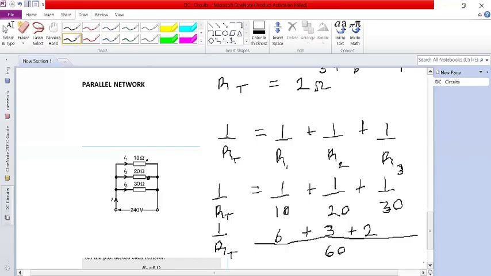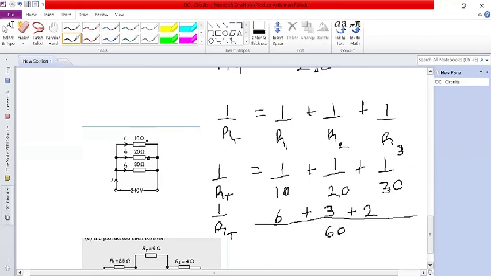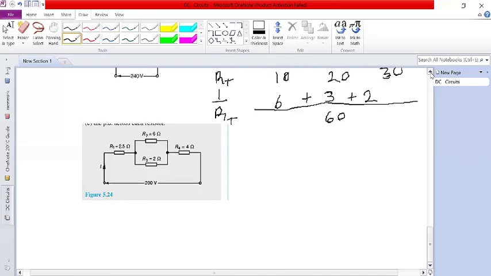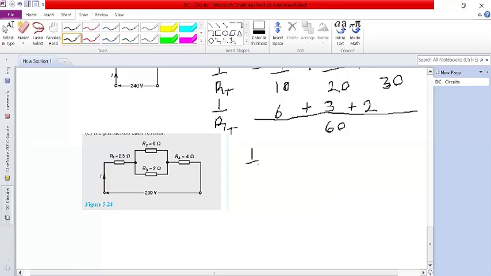Okay, then we add the values on the numerator. So if we add our values on the numerator, we get 1 over RT is equal to 6 plus 3, which is 9, plus 2, which is 11. 11 over 60. Okay, then to actually get the value of RT, we need to invert both sides. So I'll invert the left-hand side, so it's RT over 1.